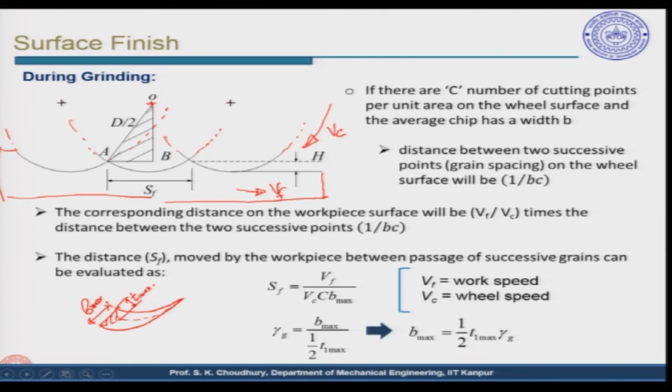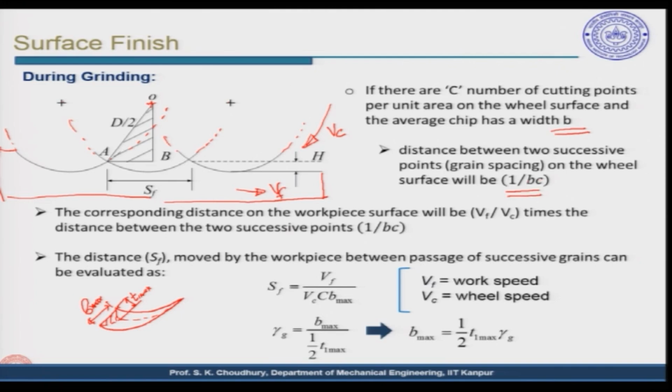So, we are saying that if the chip has the width, let us say B, and C is the number of cutting points per unit area on the wheel, otherwise called the grain concentration, then the distance between the two successive points on the wheel surface will be 1 by B into C. This distance 1 by BC is on the grinding wheel.